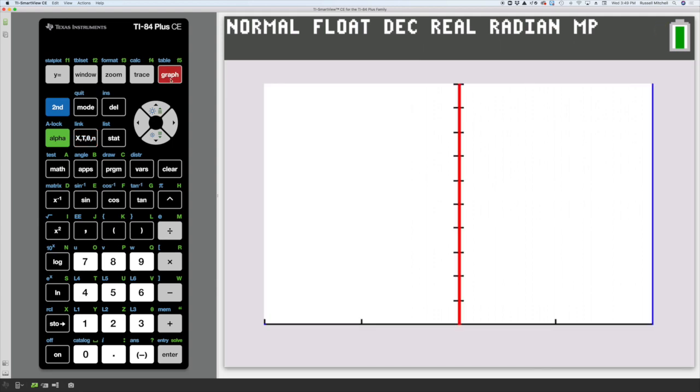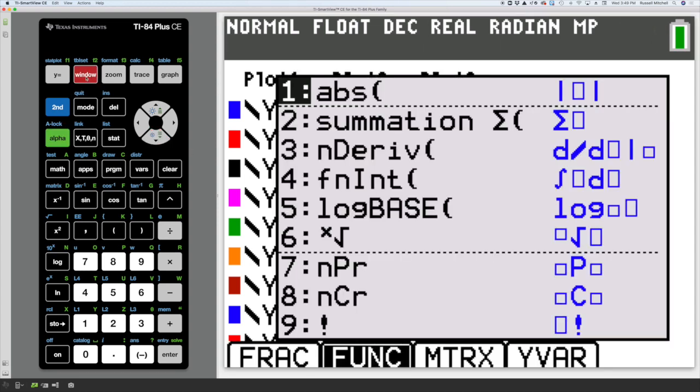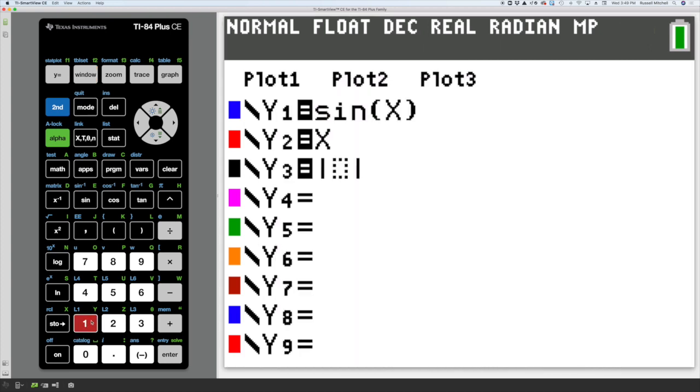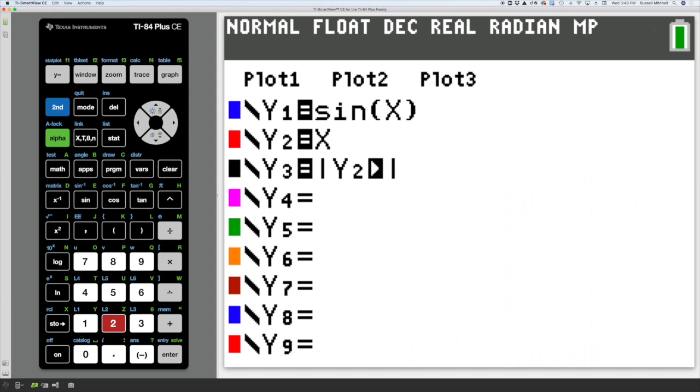And you don't really see anything, right? What we want to do, I'm going to go back. I wanted to see what that was going to look like. What we want to do is find the absolute value of the difference between these. So I'm going to go alpha window to pick up the absolute value function. So select number 1. And then I'm going to type in, and we want the nth order Taylor polynomial to be first. So that is my y sub 2. So alpha trace, and then number 2, y sub 2, and then minus the sin x, the actual function.